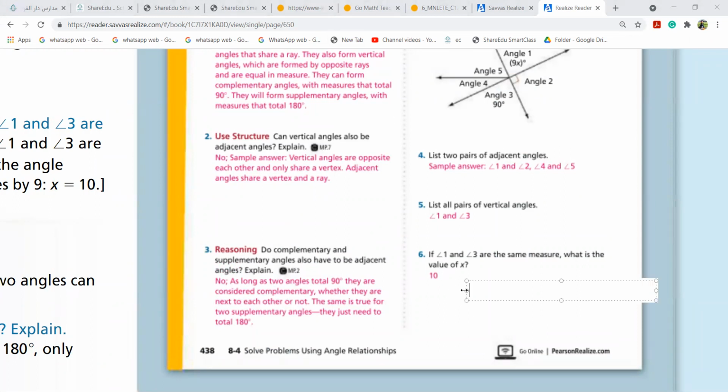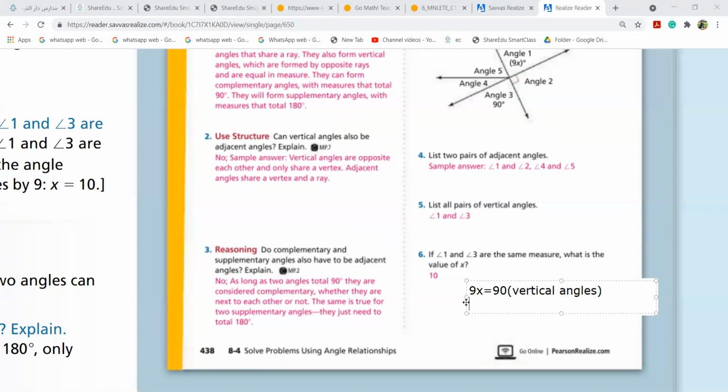Why 9x equal to 90 degrees? Because they are vertical opposite, they're opposite and they have to be equal. Because vertical angles.